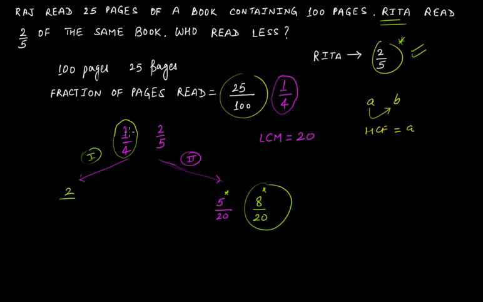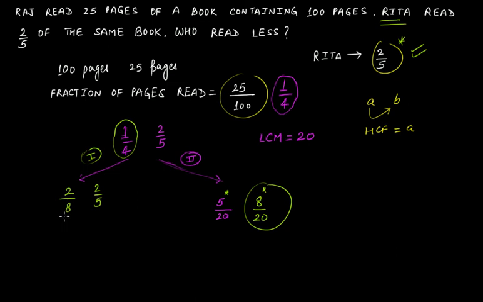Now since you have multiplied the numerator by 2, you have to also multiply the denominator by 2 so that you get an equivalent fraction. So if you multiply the denominator by 2, you'll get the denominator as 8, and here you have 2 by 5.